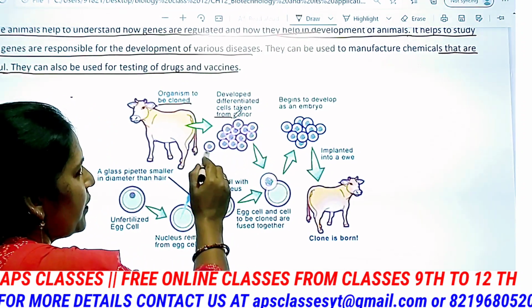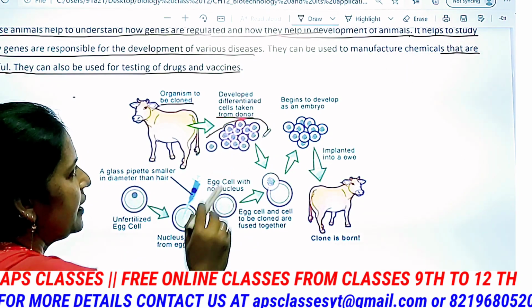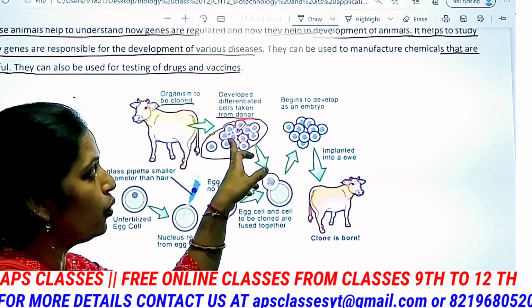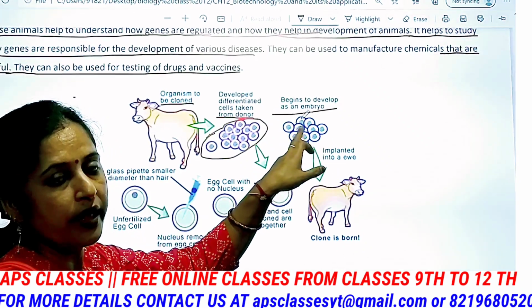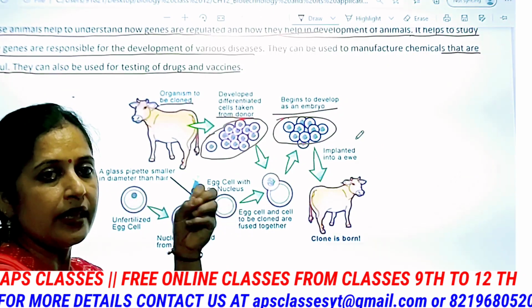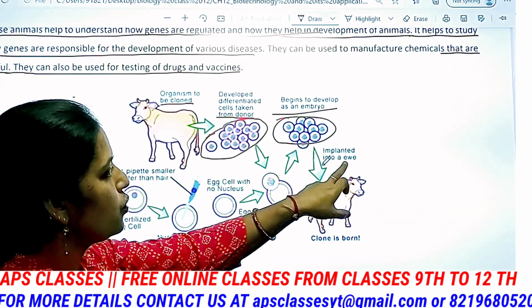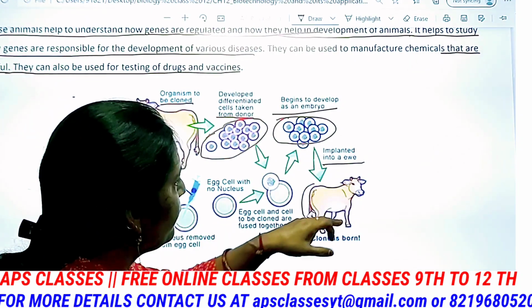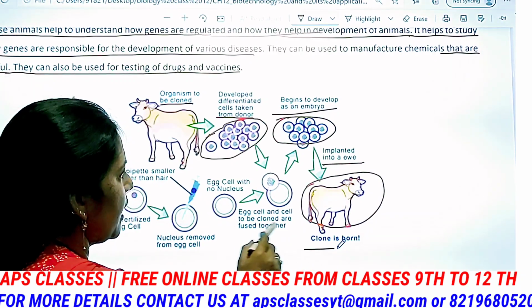These are the differentiated cells taken from the donor, and these cells begin to develop as an embryo. ये cells they have to begin to develop in the form of an embryo, and these are implanted into a ewe, and the clone is born. यहाँ पे clone जो है वो born होगा.